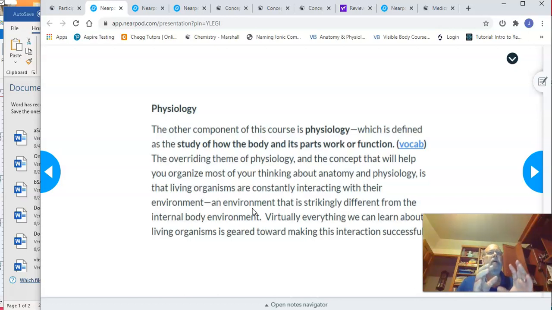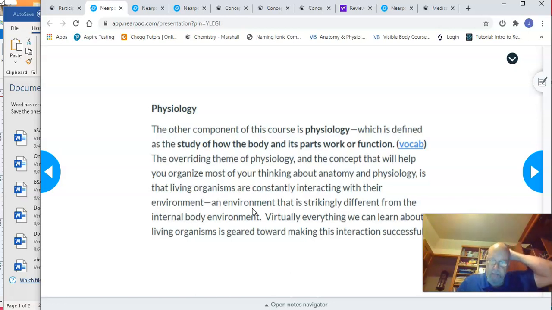Okay, so right up front, our core concept, our core idea is that we are interacting with our environment. That is our core goal. And everything we need to know about physiology and anatomy centers around how do I be successful? How do I become successful in this interaction with the environment?